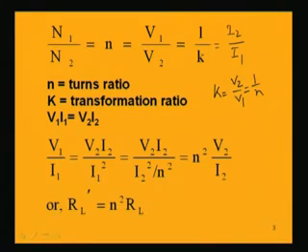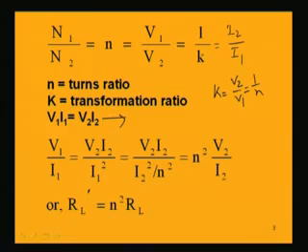From that we can get V1 by I1 by dividing both the left and right sides by I1 squared: V1 by I1 equals V2 I2 by I1 squared, which can be written as V2 I2 by I2 squared by n squared.